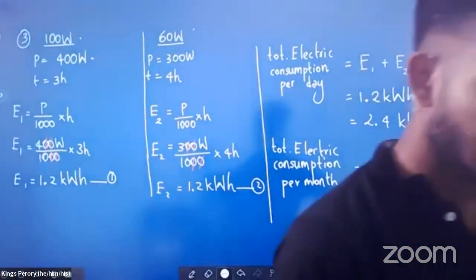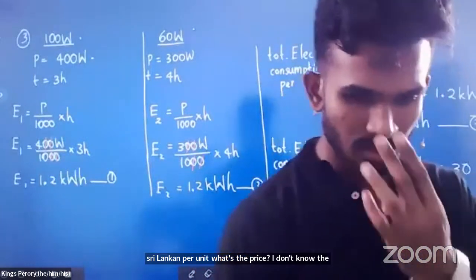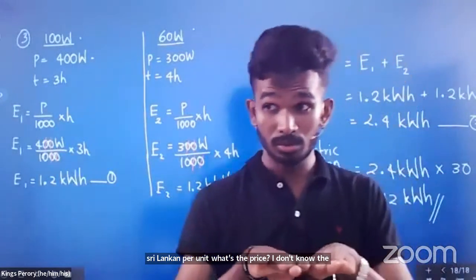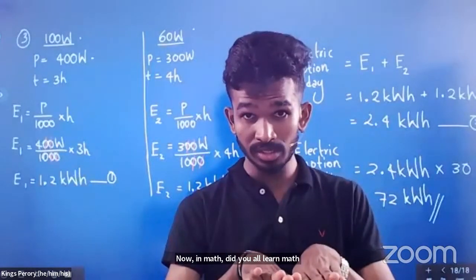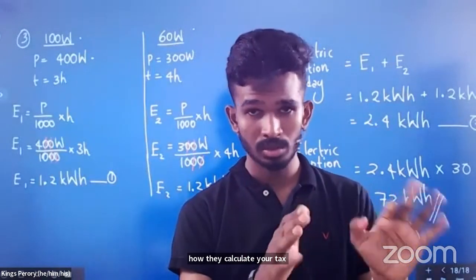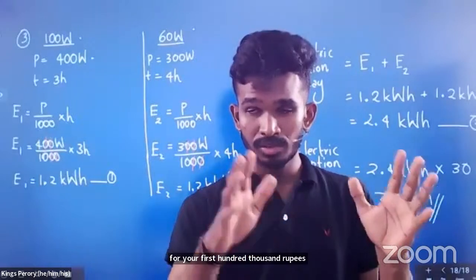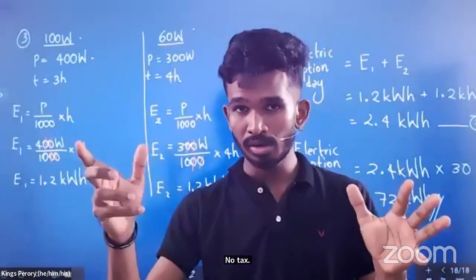So our Sri Lankan per unit, what's the price? I don't know the price amount. It actually depends. Now, in maths, did you all learn how they calculate your tax? For your first 100,000 rupees, no tax. For the first 500,000, there's a certain amount of tax, 4%. Then for 1 million, it will double.